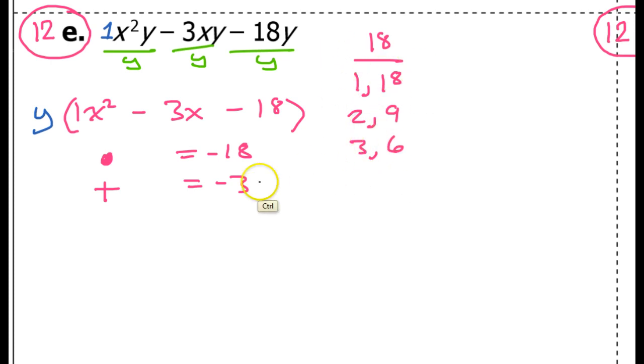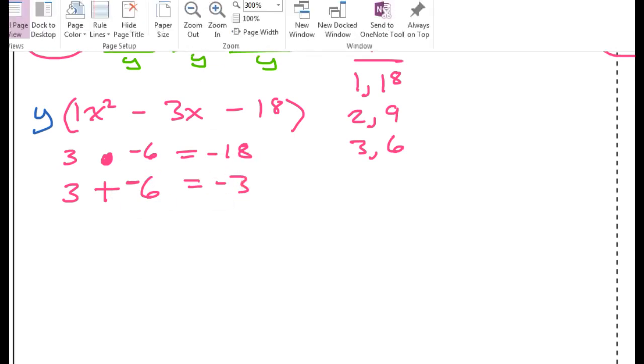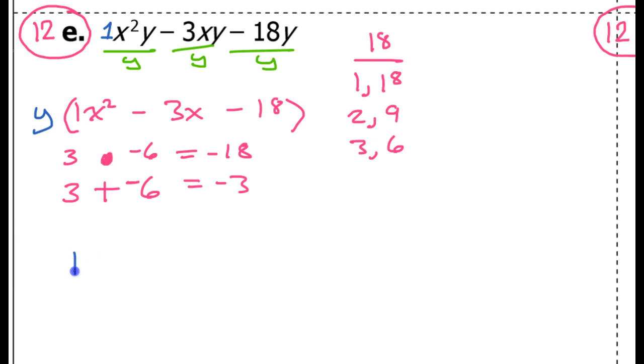Now, can any of these pairs make a negative 3 if I add them, if I choose the signs right? Well, 3 and 6. To add up to negative 3, I need a positive 3 and a negative 6. So, what about multiplication? 3 times negative 6 is negative 18, so this is looking good. Let's make the box.